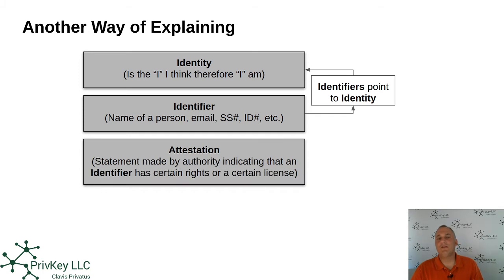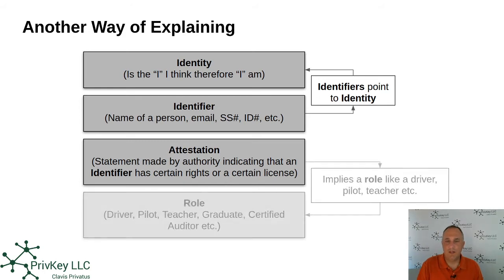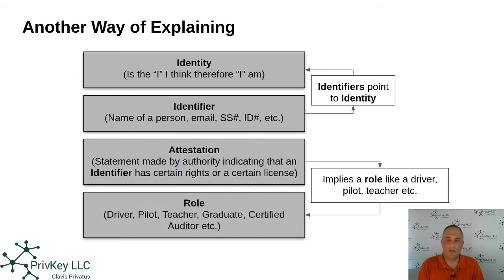Attestation, on the other hand, is the word usually used when somebody in authority is indicating that a specific identifier has certain rights or certain licenses, for example. So an identifier might imply the role of a driver, or a pilot, or a teacher. And this is where the role comes into play.